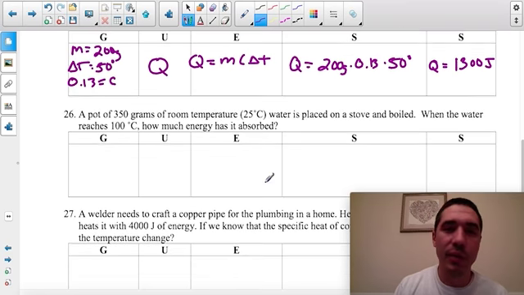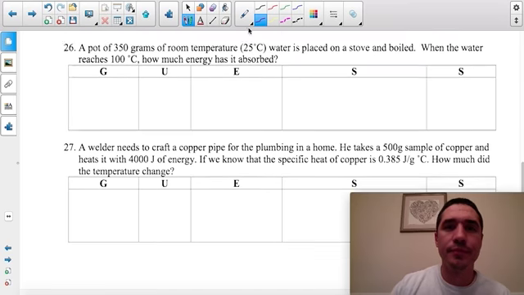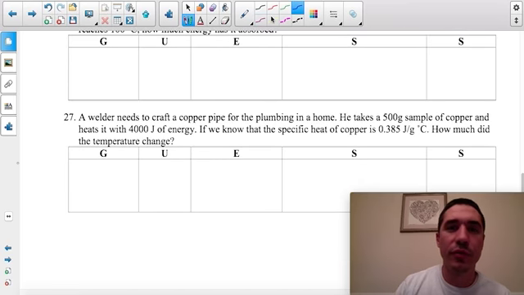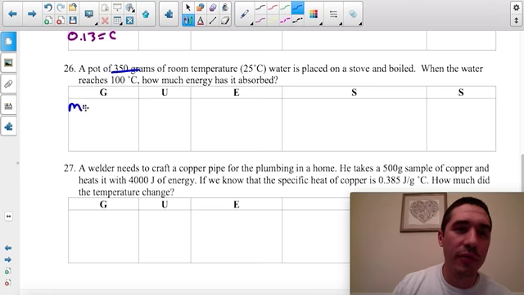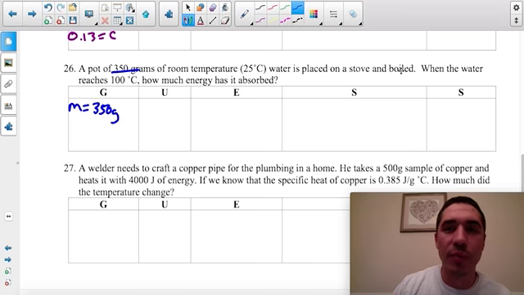Alright, we're getting down to the end. We got 2 questions left. This one says that a pot is 350 grams and it's room temperature water. So my mass is 350 grams, and I have room temperature water on a stove and it's being boiled.